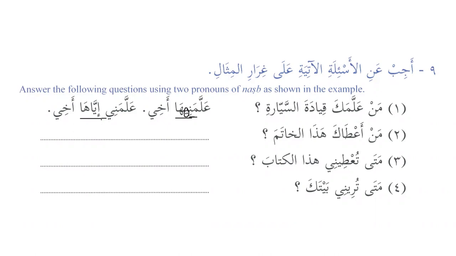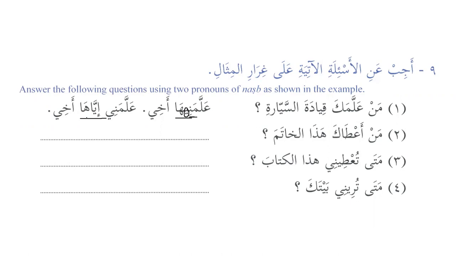Here we have pronouns of different persons, as we know that we have third person, second person, and first person. In the previous example they were the same category, but here they are different persons, because ya al-mutakallim is used for the first person and ha is used for the third person. So if we have different pronouns, then both of the possibilities are there. Wajab al-faslu wa wajab al-waslu, so that we can combine them and we can separate them. We learned it in the previous exercise.